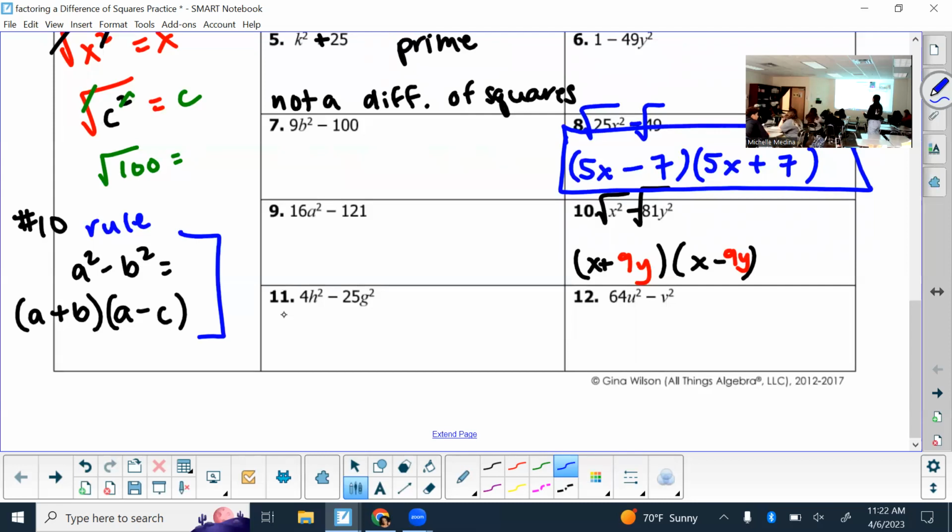Okay, well then, gotta pay attention. Does it have a minus in between? So that covers the difference part. Are these perfect squares on each side? Okay, what's the square root of 4? And then of h squared?